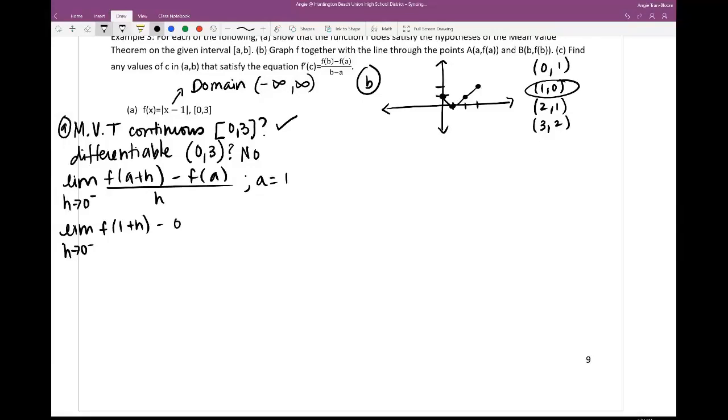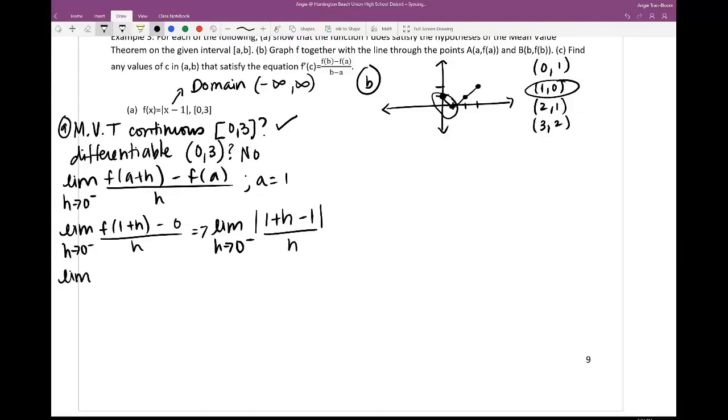So minus 0, all over h. If it's the left, would you agree that it's the absolute value, so 1 plus h minus 1, all over h.